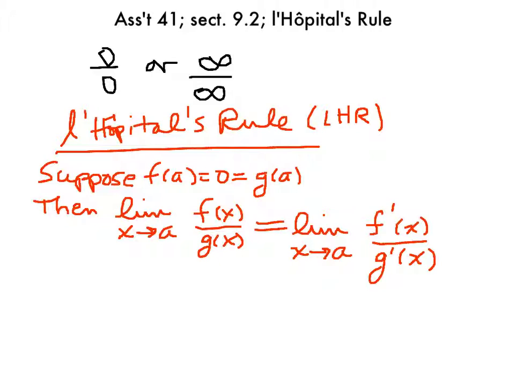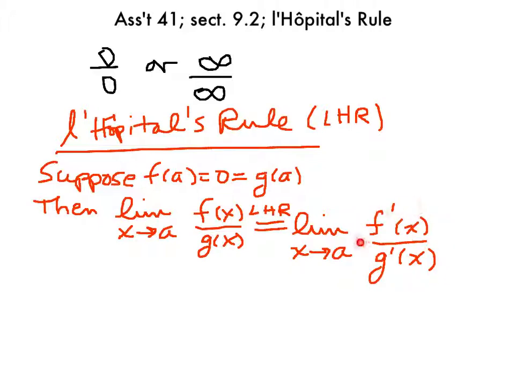So here simply is what L'Hopital's rule says. Suppose we have two functions, f and g, and they are differentiable. And let's suppose that they're both 0 when x is a. Then, when we think about this limit, as x approaches a, of f of x over g of x, which will be an indeterminate form of 0 over 0, what L'Hopital's rule says is that that limit is exactly equal to the limit as x approaches a of the derivative of f over the derivative of g.